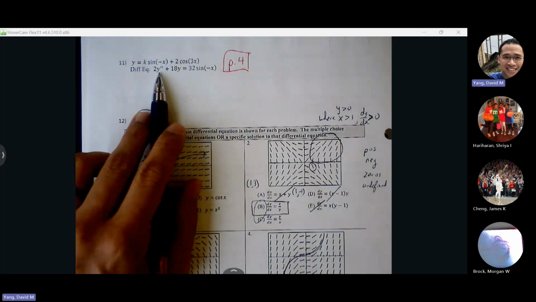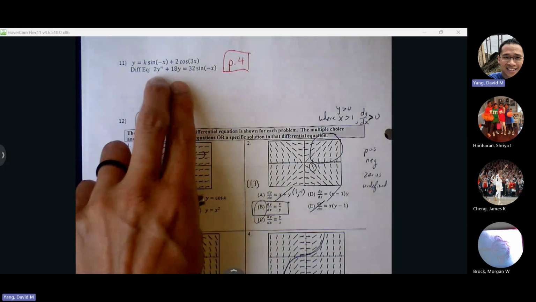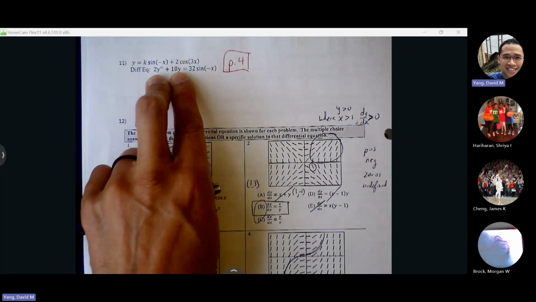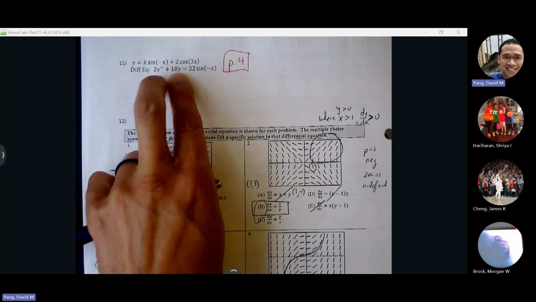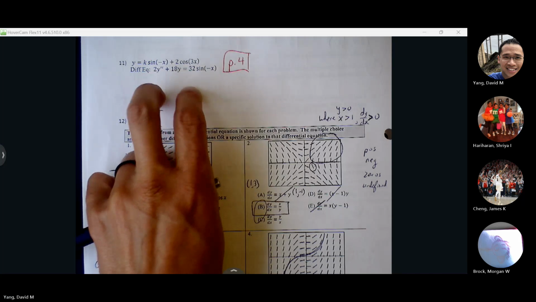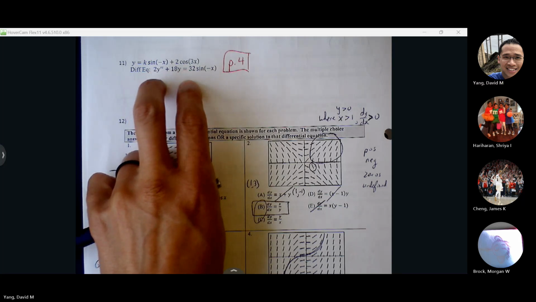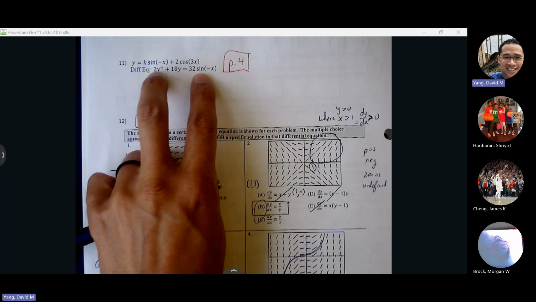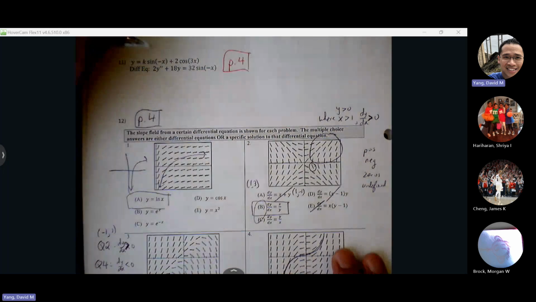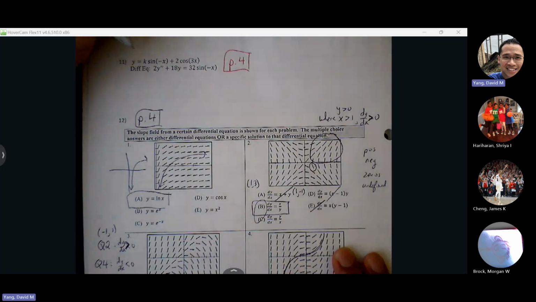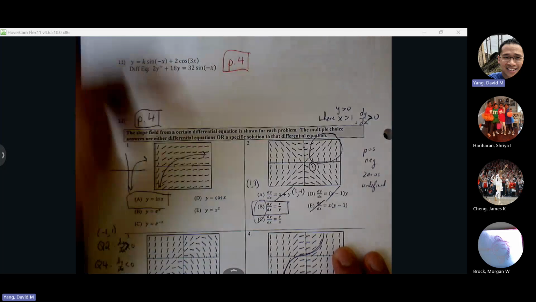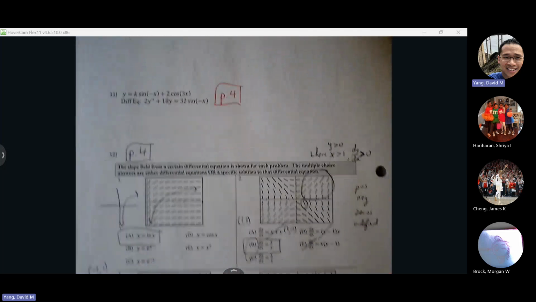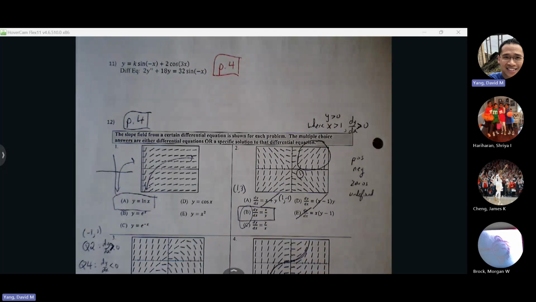The strategy here is you're going to find the derivatives that the differential equation is asking for, then make those substitutions and solve for k. For numbers 10 and 11, you're just solving for k. So I'll work through that problem.